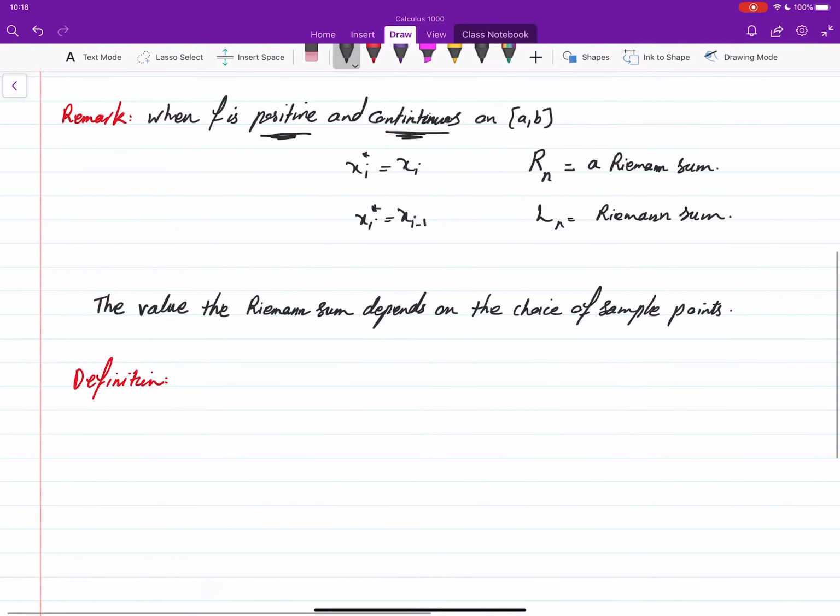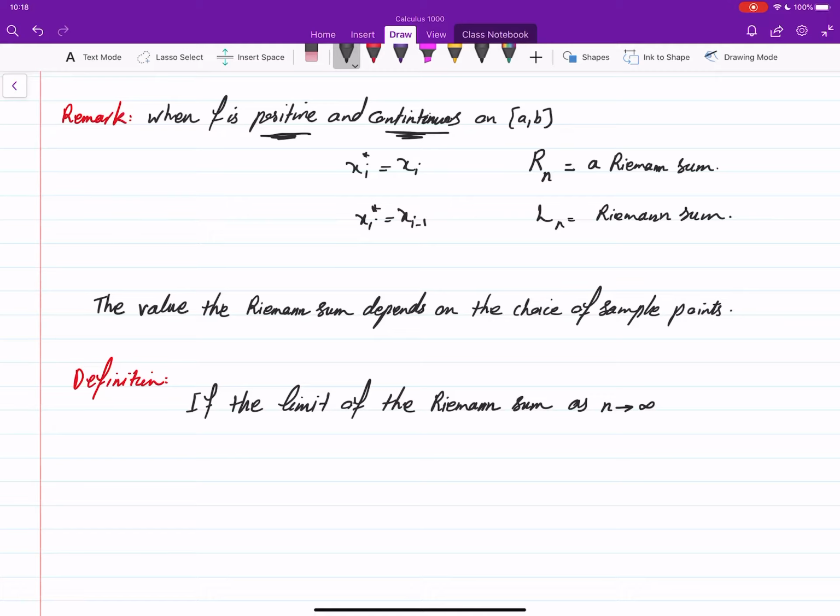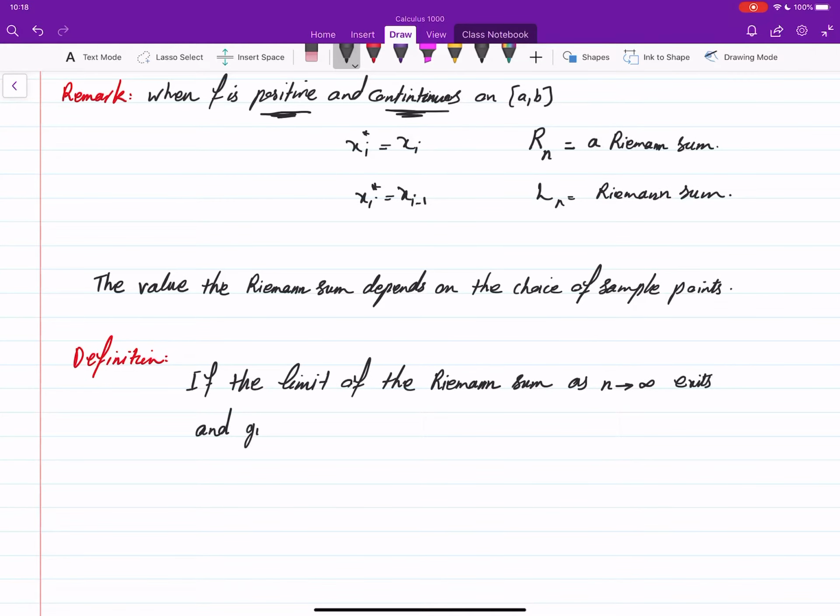So if the limit of the Riemann sums as the number of subintervals increases exists, and no matter what we choose as sample points, we get the same value for all possible choices of sample points.